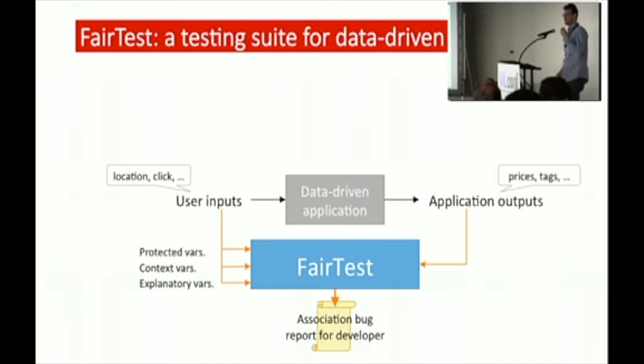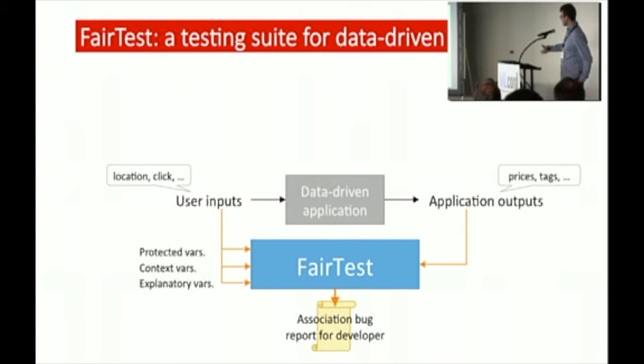One thing I mention here is that since we're talking about bugs, you want to avoid false positives. As in any bug detection software, you really don't want to flood the developer with things that are not relevant. Since we're talking about correlations in data, we use traditional statistical techniques to measure whether a certain correlation is statistically significant and relevant or not.